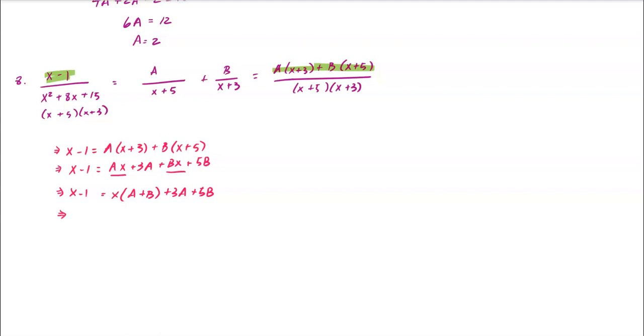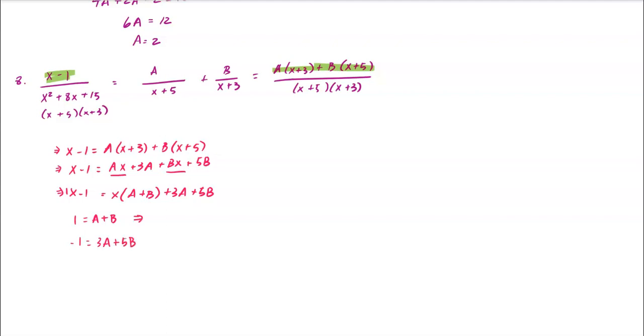And then we can set them equal to each other. So x equals x times a plus b, so 1 equals a plus b. There's a 1 right here. And negative 1 equals 3a plus 5b.